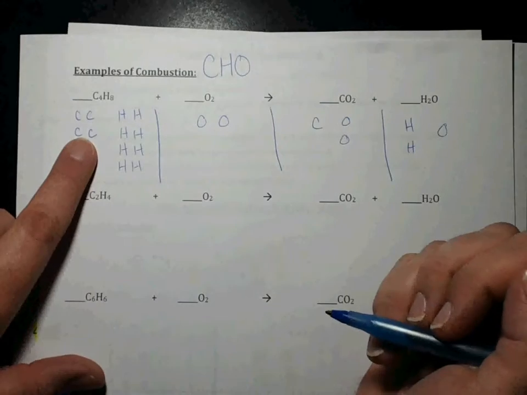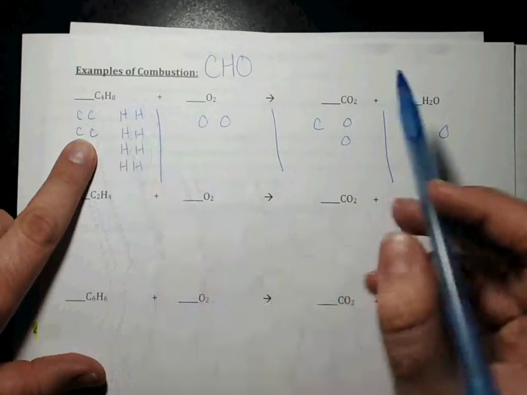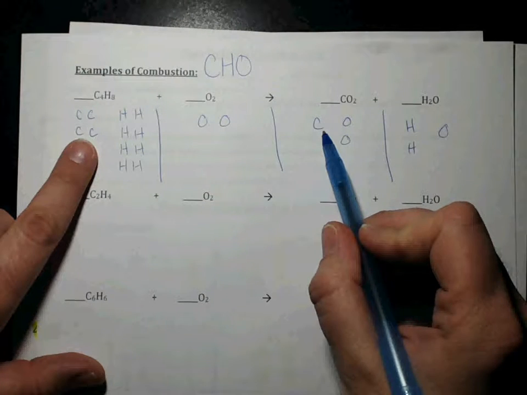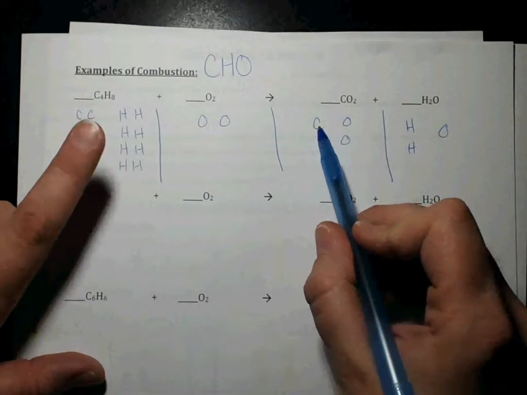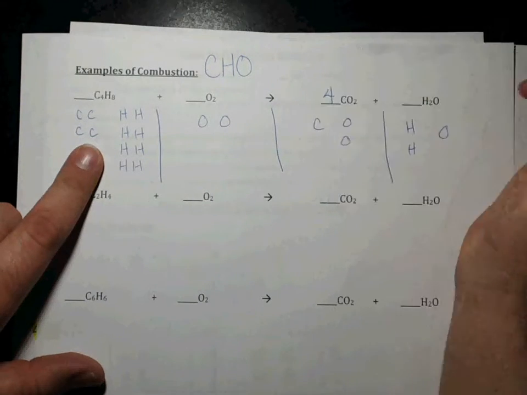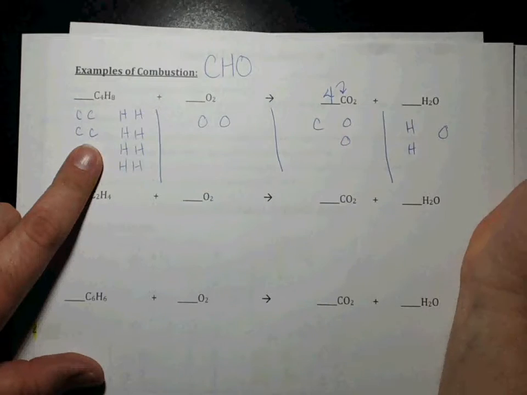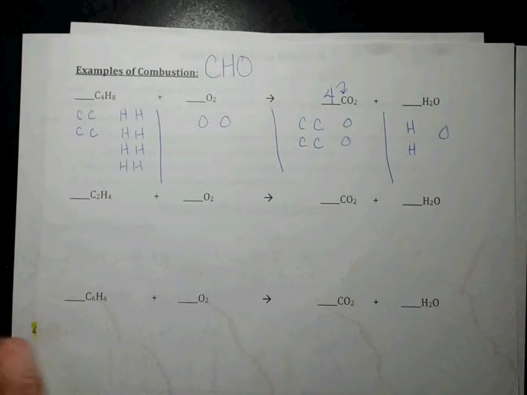So if we start with carbon, I have 1, 2, 3, 4 carbons here versus just 1 on this side. So I need to take this 1 and multiply it by something until it equals the 4 that's over here. So if I do times 4 on this carbon, that's going to make 1, 2, 3, 4 carbons here now.